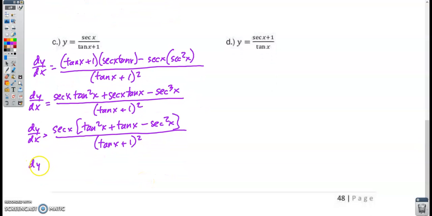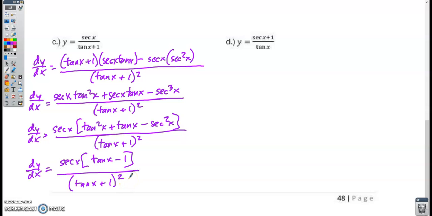And I could really stop there, but we have a trig identity. Tangent squared of x minus secant squared of x is equal to -1. And so I can simplify this to secant squared times tangent of x minus 1 all over the quantity tangent of x plus 1 quantity squared.